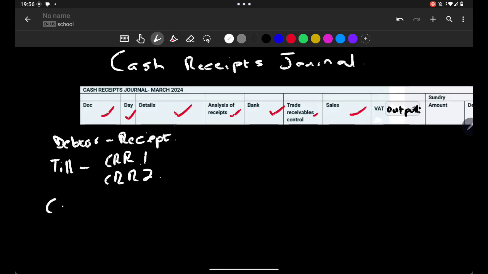Now when you put in capital, what would that be, right? That will also be a receipt, because remember, you're putting in money. Now you need proof that you put that money in, right?